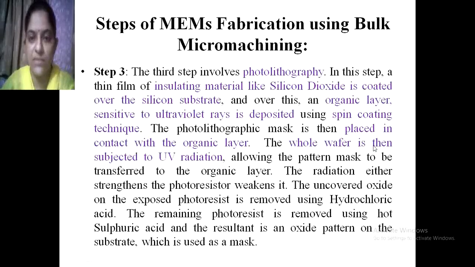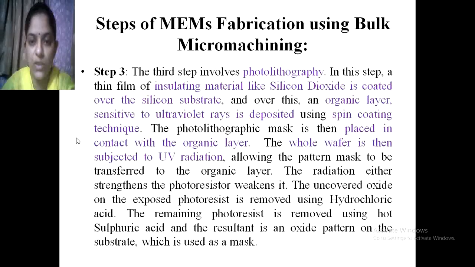In the third step, photolithography, a thin film of insulating material like silicon dioxide is coated over the silicon substrate, and over this an organic layer sensitive to ultraviolet rays is deposited using spin coating.